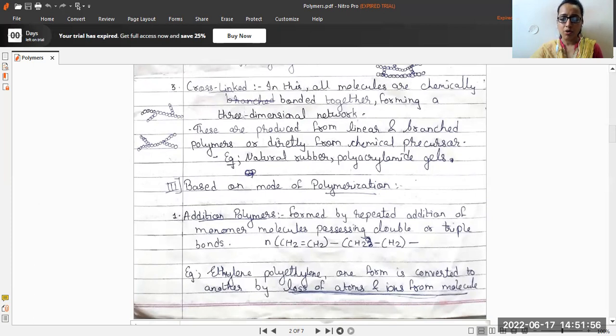These double or triple bonds will be broken and a single bond structure will be made, a straight structure, as the monomers are continuously added by this process of breaking of the double bonds. An example of addition polymers is polyethylene.